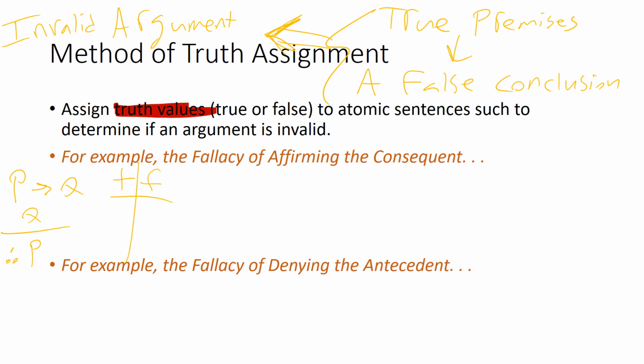Some atomic sentences may be true, some may be false. We know we want the conclusion to be false. We want to show we have a situation with a false conclusion and true premises. So the conclusion is P. We want that to be false, so we'll assign P the truth value of false. So here we get something false.